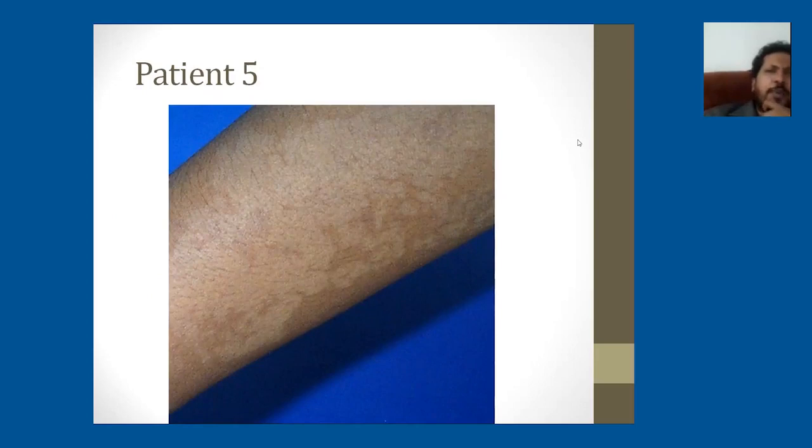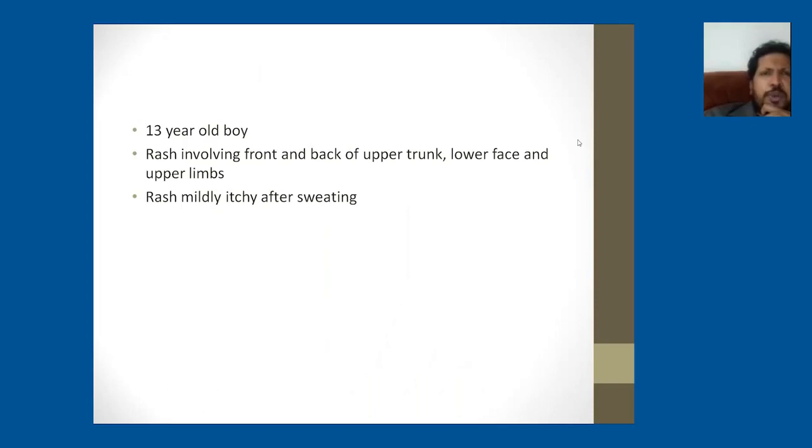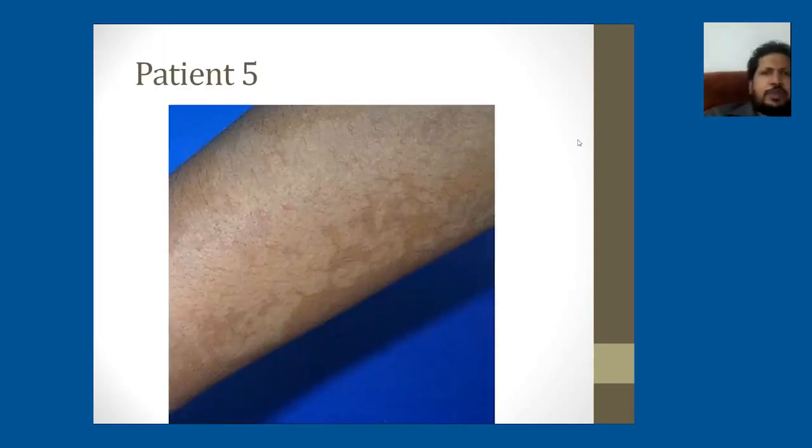So this is a hypopigmented rash involving the limbs of a 13-year-old boy. Not only the limbs, the front and back of the upper trunk and the lower face are involved, and it's mildly itchy after sweating. So what is the possible diagnosis? Any guesses? Pityriasis versicolor. That is pityriasis versicolor.